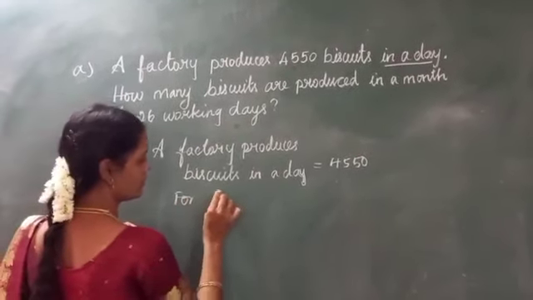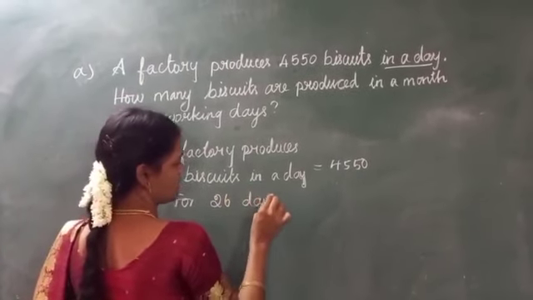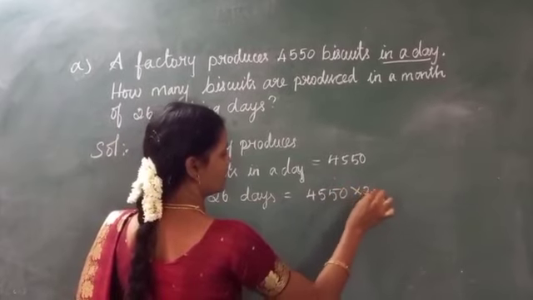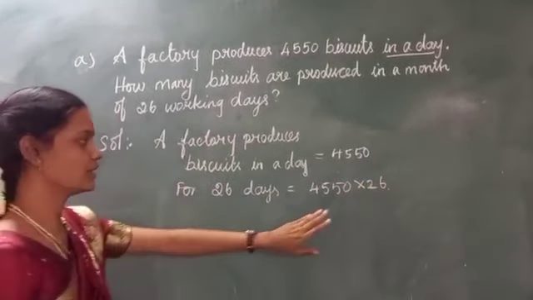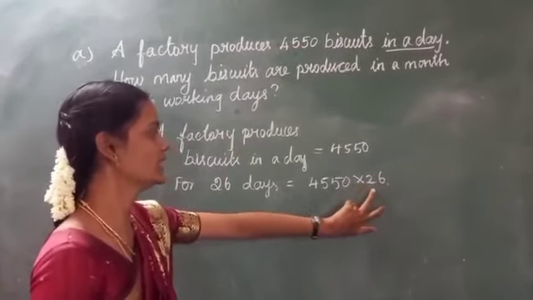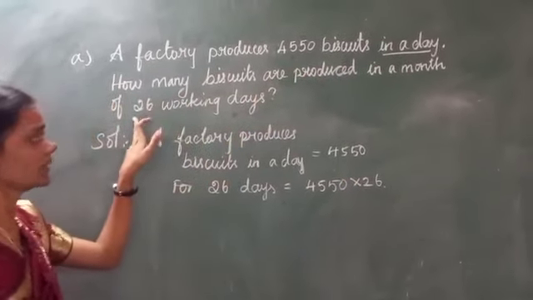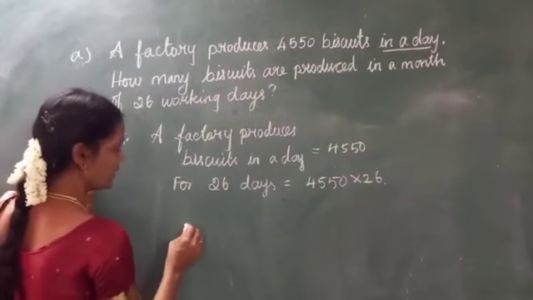For 26 days is equal to 4,550 multiply 26. So when you multiply these two numbers, you will be getting the amount of biscuits that the factory produced in the month. Okay, let's find the answer.